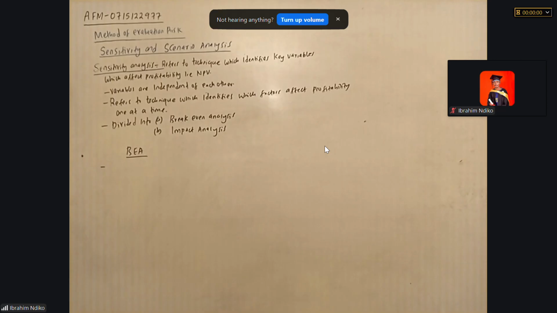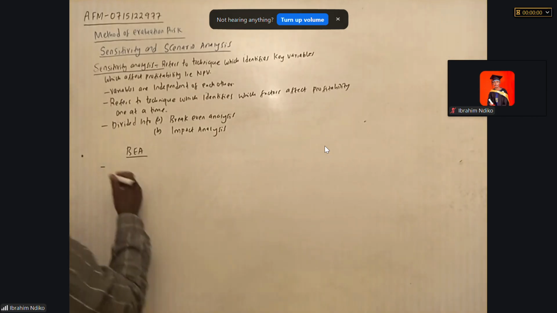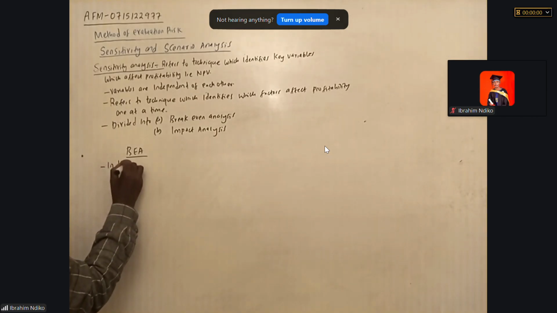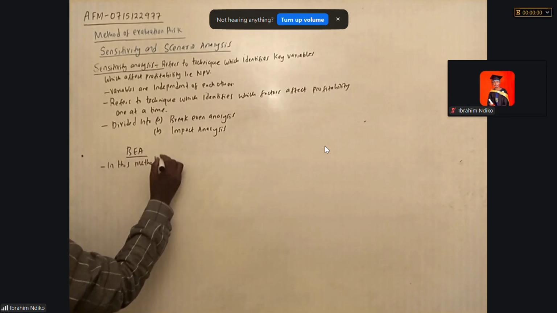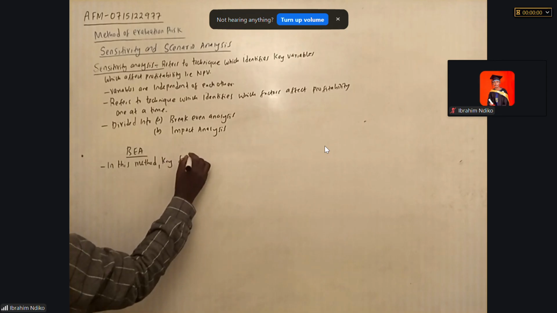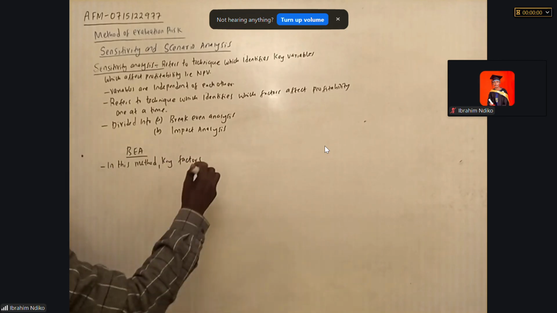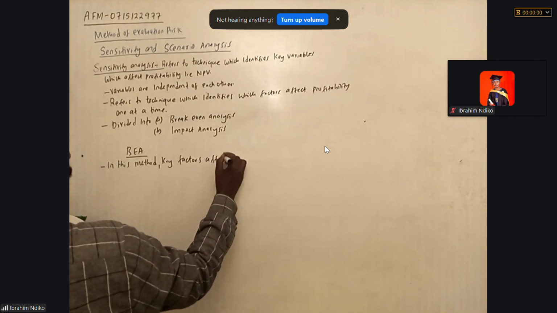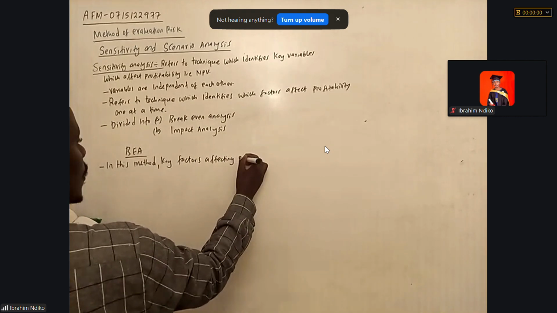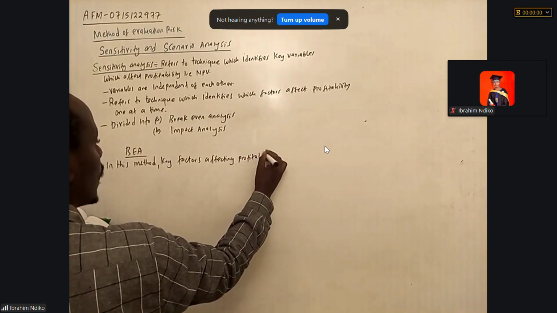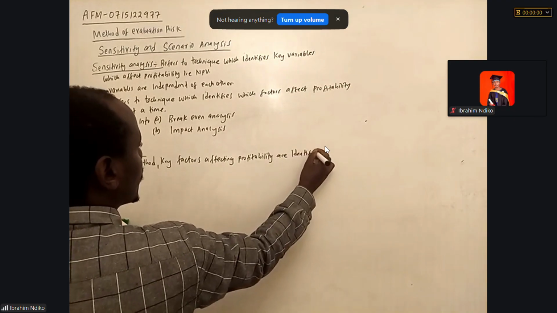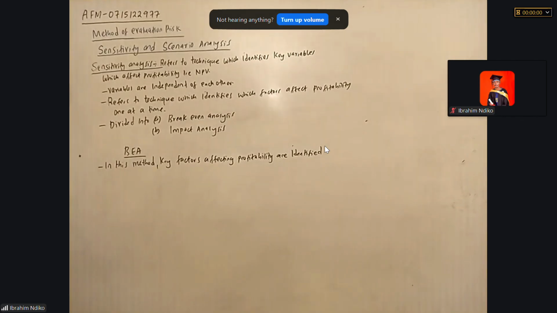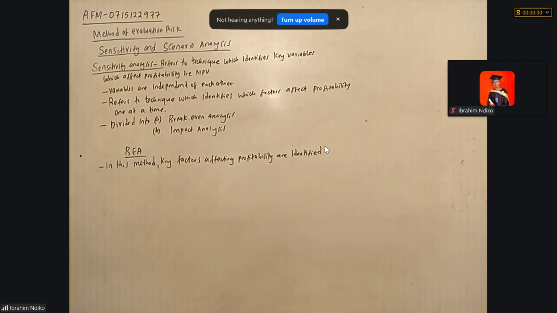Now, in this method, key factors affecting profitability are identified. So that's the first thing.